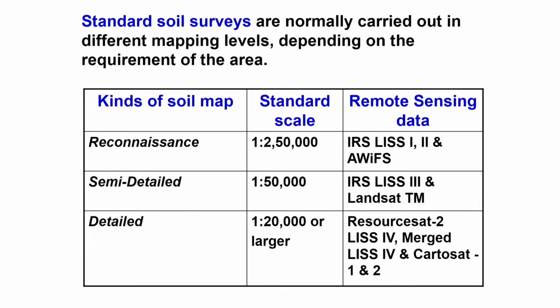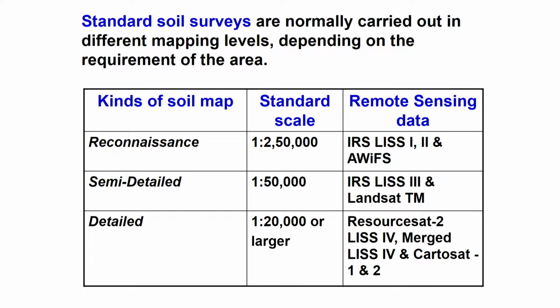We can use LISS 1 data, LISS 2 data, or IRS AWiFS sensor data. For semi-detailed survey, the standard scale is 1 to 50,000, and we can use Indian Remote Sensing satellite data LISS 3, Landsat TM, or Sentinel satellite data.